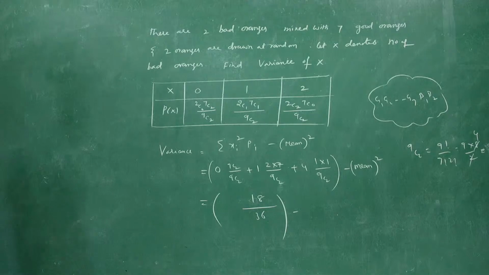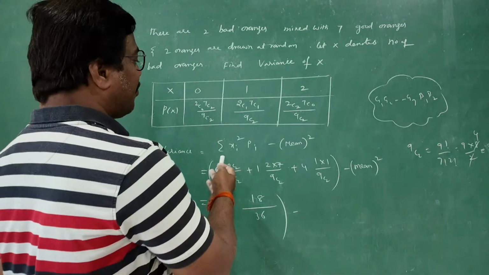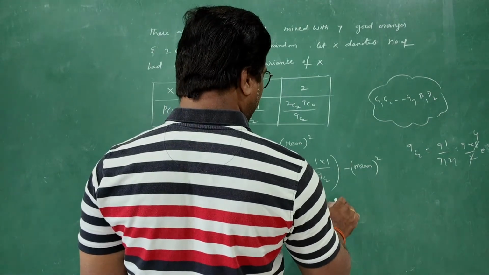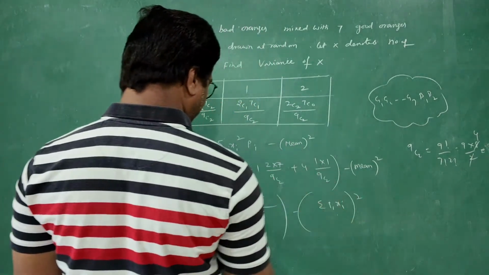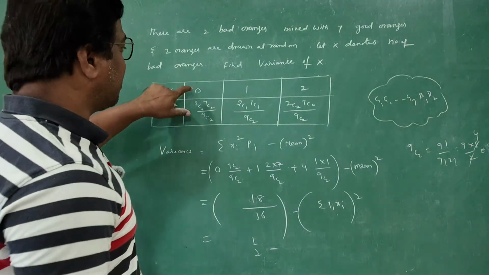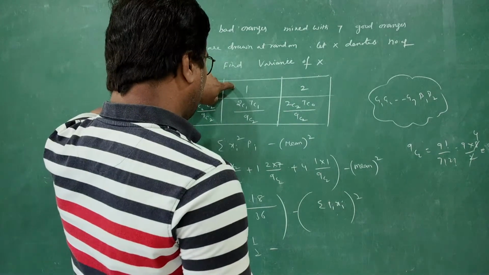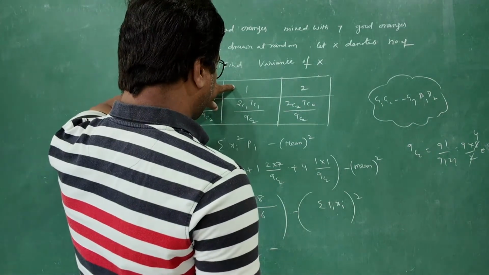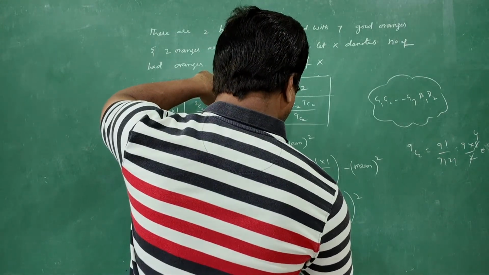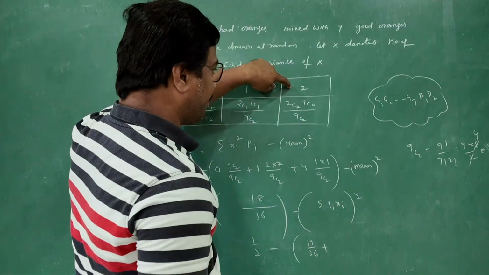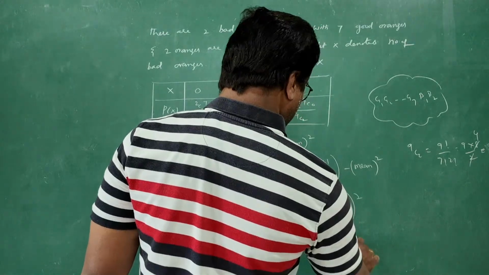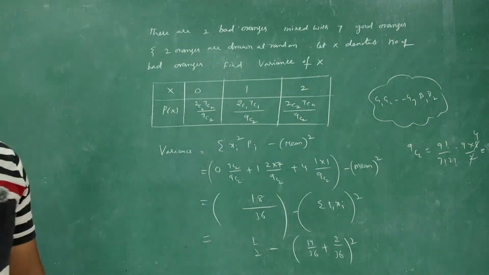Mean is summation pi xi by summation pi. Sum of probabilities, actually here it is 1. Mean summation pi xi whole square. This is 1 by 2 minus summation pi xi. This is 0. 1 multiplied by 14 by 36. Second term 1 1. So 2 divided by 36 whole square. So 16 by 36.